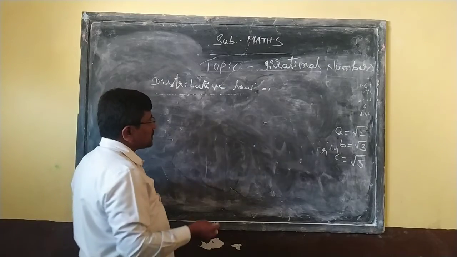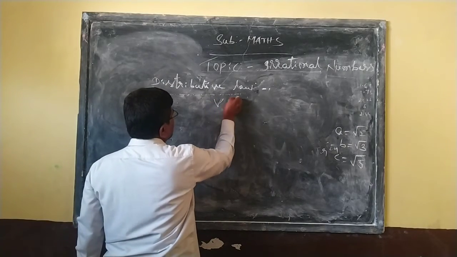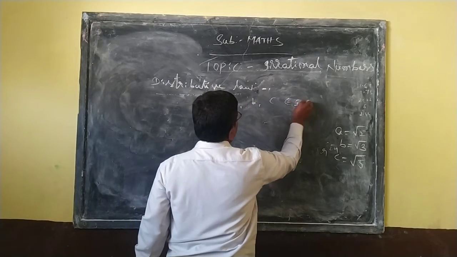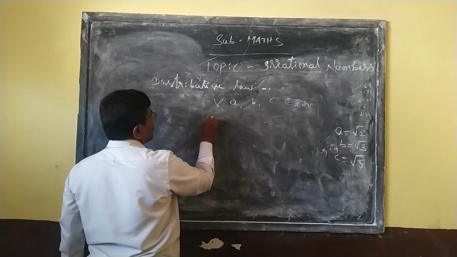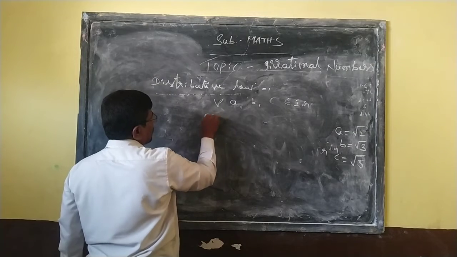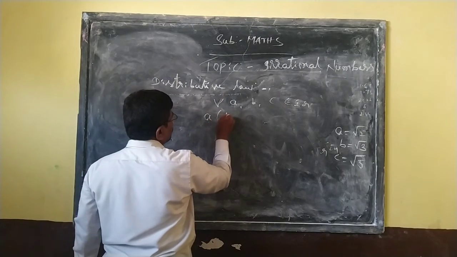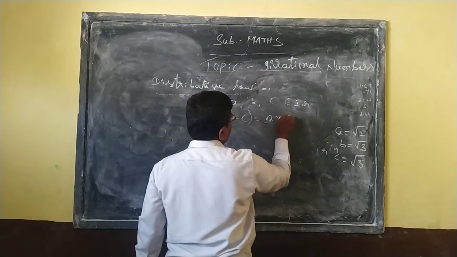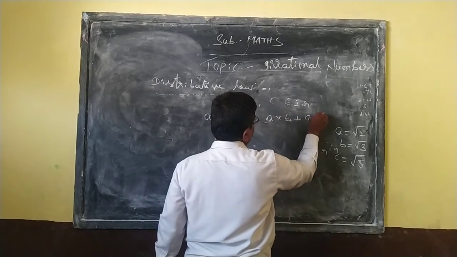See, for all A comma B comma C belongs to IR, you can write that A into B plus C is equal to A into B plus A into C.